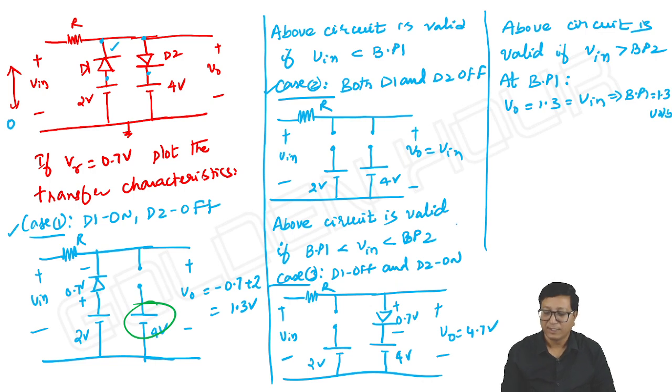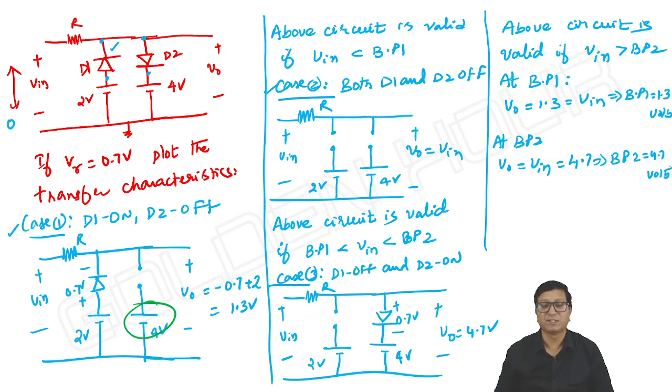Next, at breakpoint 2, the output is equal to input, the point of intersection of case 2 and case 3. It is of course equal to 4.7 volts. So breakpoint 2 is equal to 4.7 volts. That's it. We have got the two breakpoints.